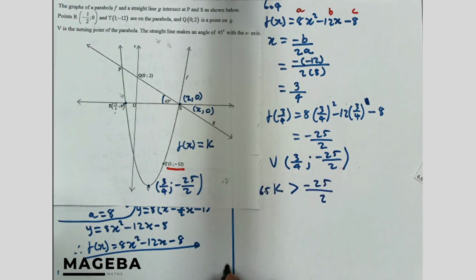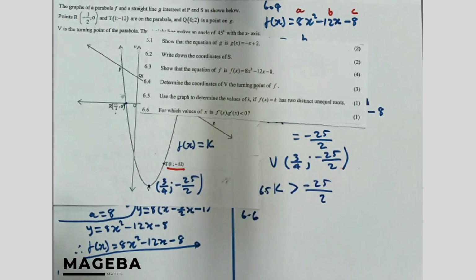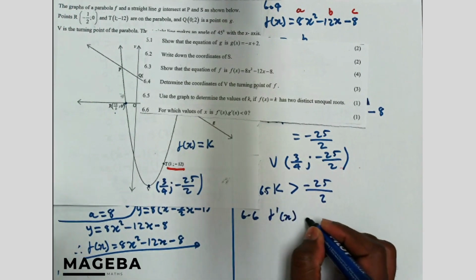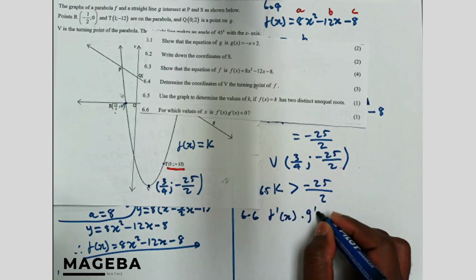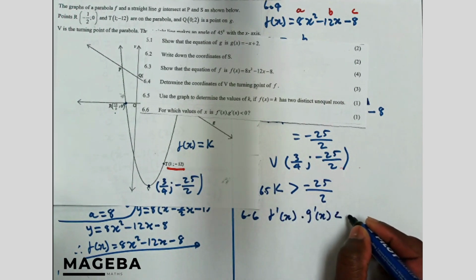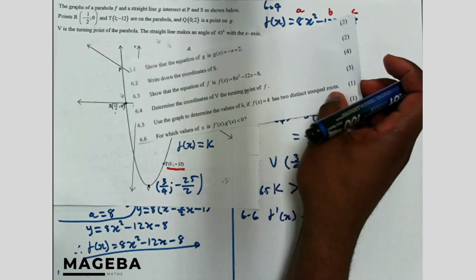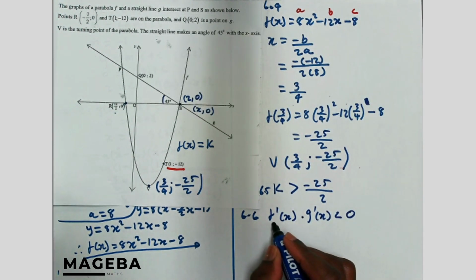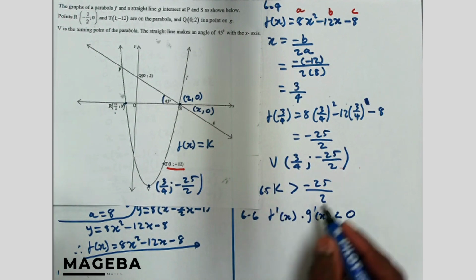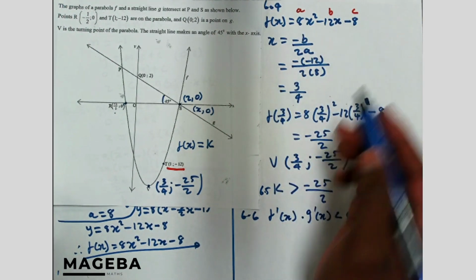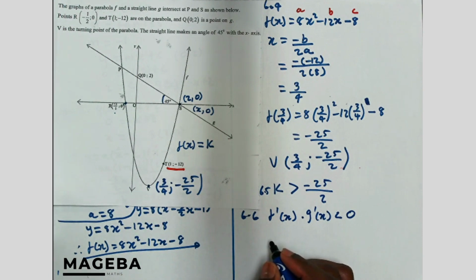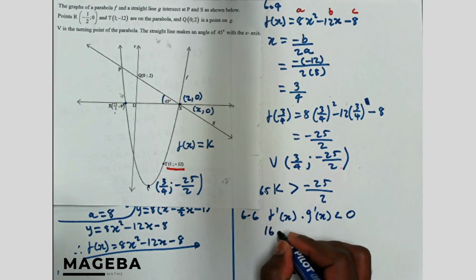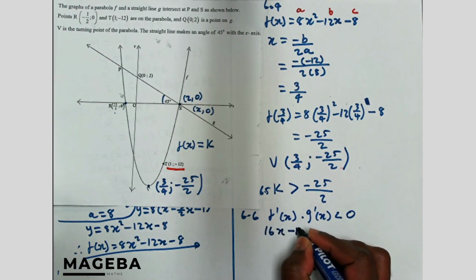This was 6.5, and then 6.6, it's saying f prime of x times g prime of x less than what? 0. Then from here, the derivative of f of x, this is my f prime of x. If I derive that one, 8 times 2, it's what? It's 16x, and then minus 12.